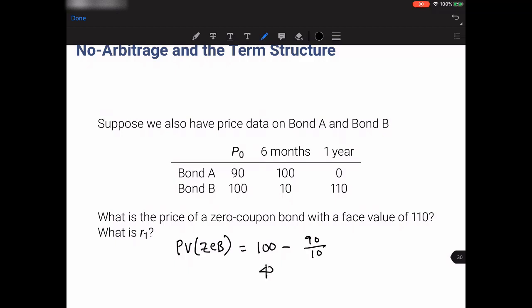This is buy and this is sell. You can think of this as cost. And that's going to give us a price of $91.